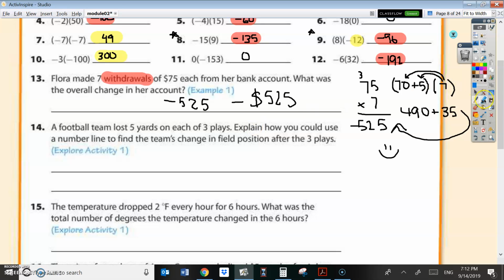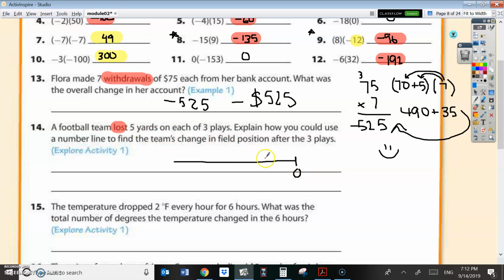Uh-oh, a team lost yards. That's bad. Lost yards. Lost 5 on 3 different plays. Explain how you could use a number line to find the change in the team's field position. Okay, so a number line means you're going to the left because you lost yards. So here's 0.